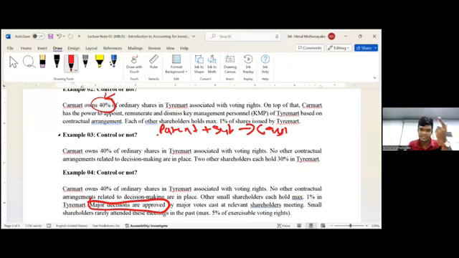So even though we don't have more than 50%, there's a high chance that Kmart can influence the major decisions, because Kmart is the one having the major shareholding.